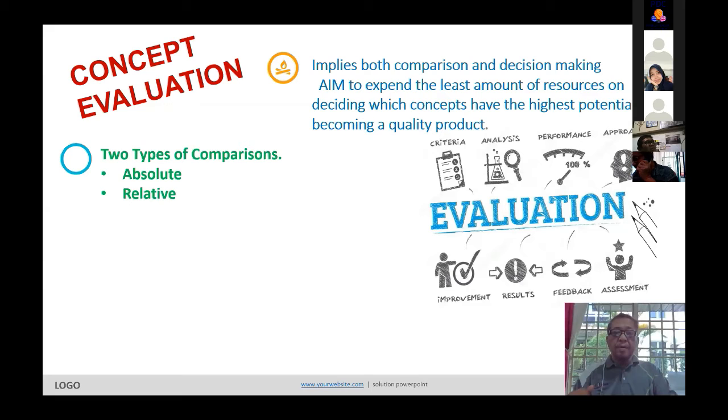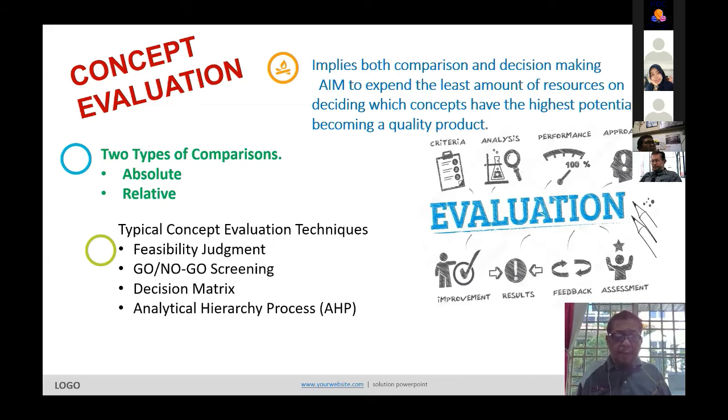Or you want to give it an absolute number, because this might impact on the cost and also the level of difficulty in the design. This evaluation is very important because it will impact on the cost. And yeah.